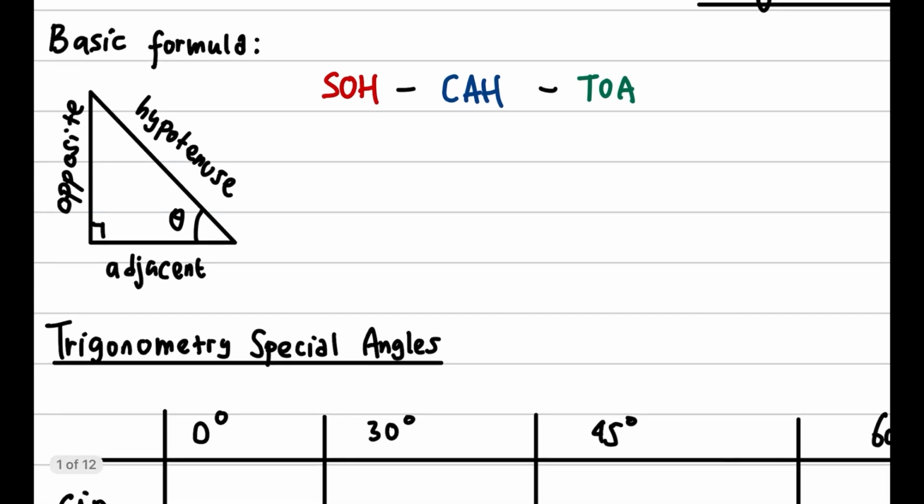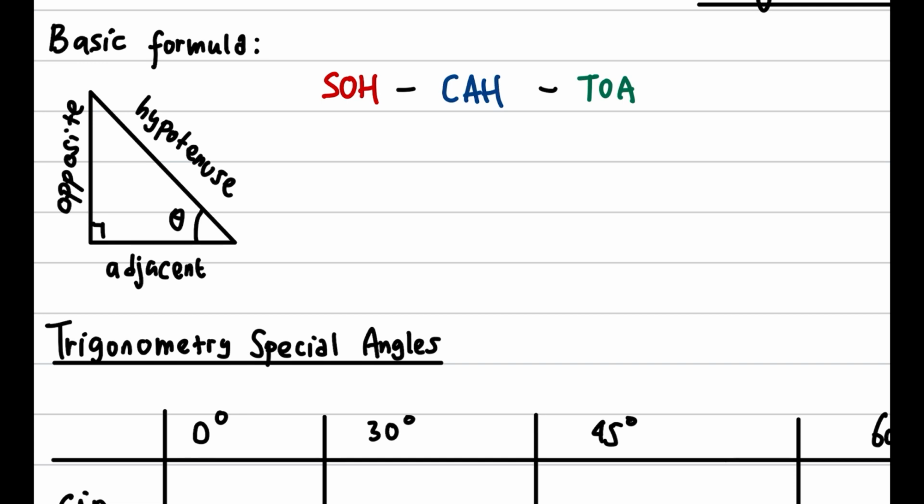For the basic formula, SOH stands for sine equals opposite over hypotenuse, CAH means cosine equals adjacent over hypotenuse, and TOA stands for tangent equals opposite divided by adjacent.